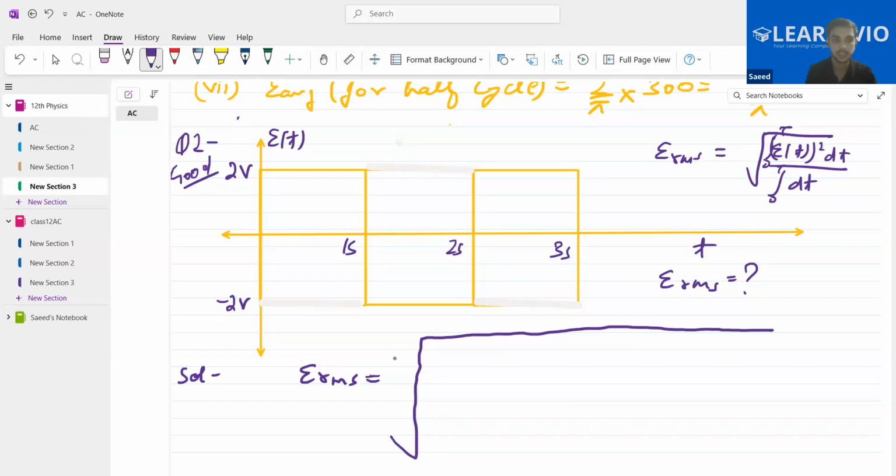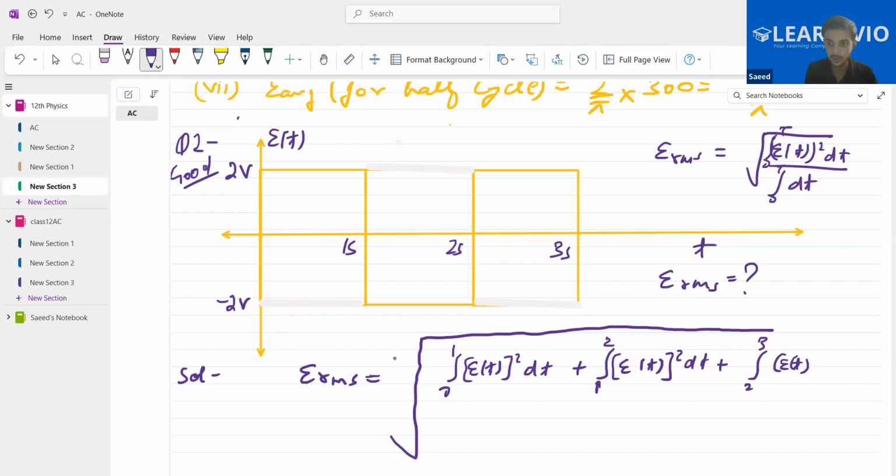Now see, if we integrate this, I'm going to distribute it into parts: 0 to 1 E of t whole square dt, plus E of t whole square dt for the time 1 to 2, and this for the time 2 to 3, whole divided by the time period, which if you integrate you will find to be 3, because integral of dt from 0 to t is the same as 3.